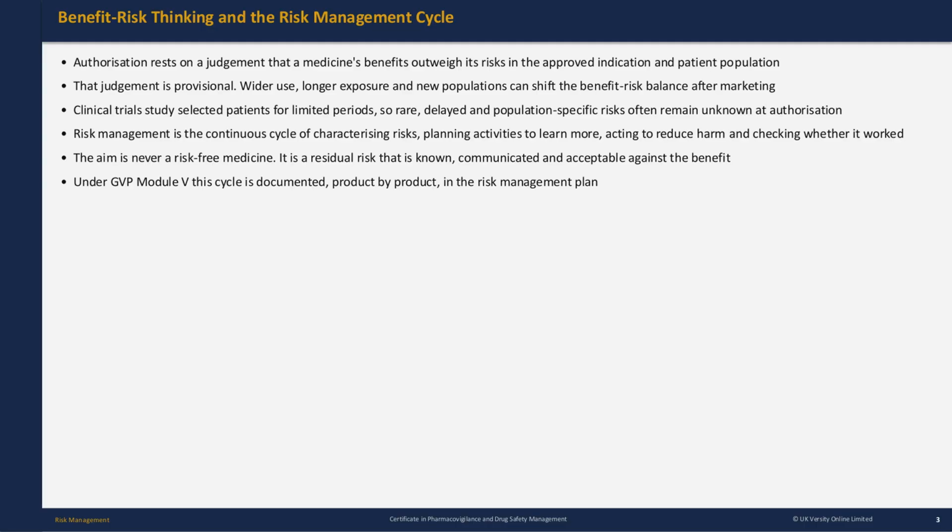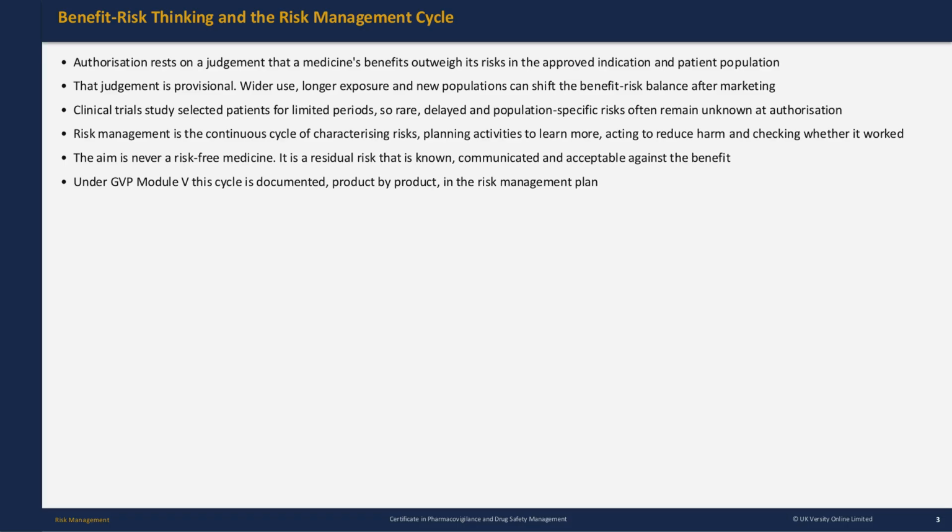Benefit-risk thinking and the risk management cycle. Authorization rests on a judgment that a medicine's benefits outweigh its risks in the approved indication and patient population. That judgment is provisional. Wider use, longer exposure, and new populations can shift the benefit-risk balance after marketing.